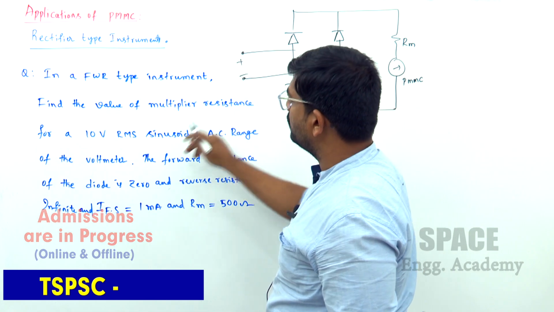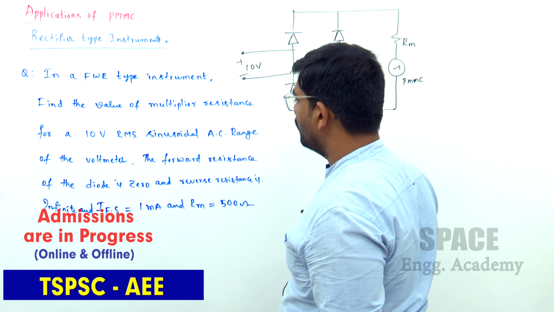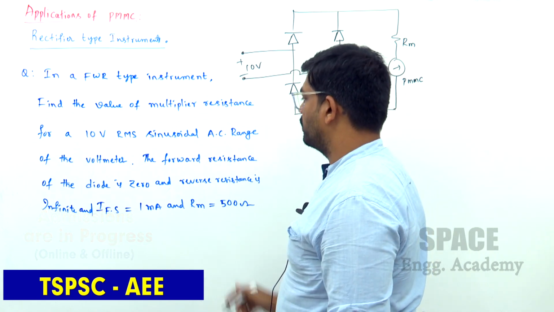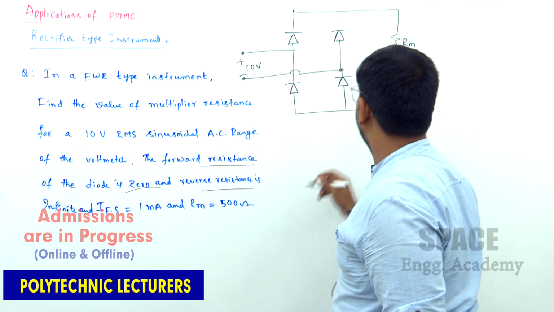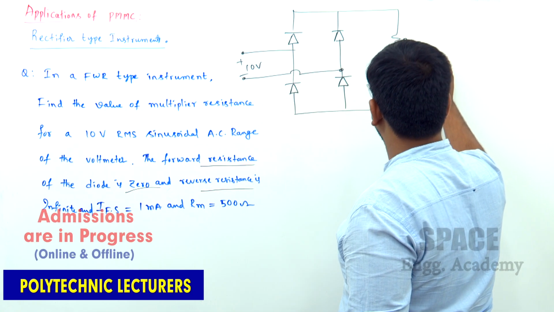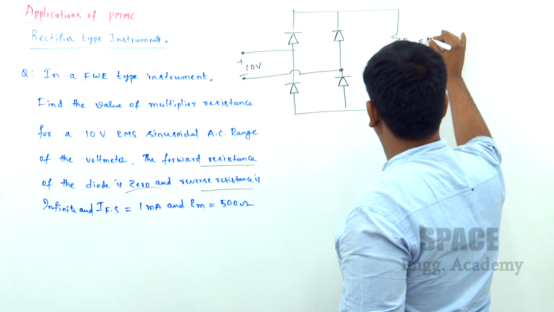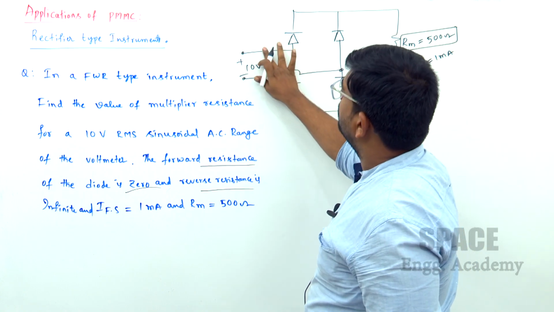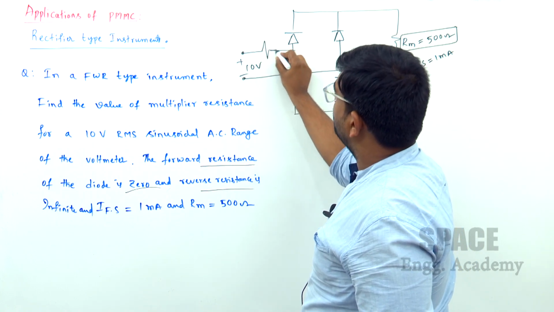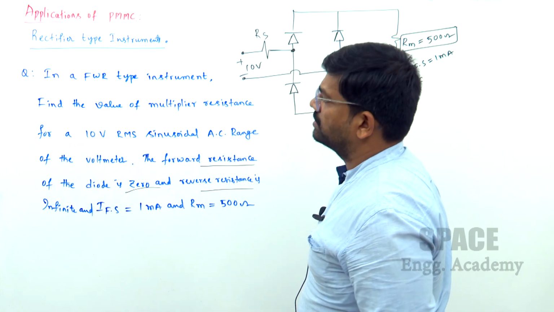How much input voltage? 10 volts RMS sinusoidal, and all diodes are ideal because forward resistance is 0 and reverse resistance is infinite. So, full scale deflection is given here as 1 milliampere and meter resistance is given as 500 ohms. Now, what is the multiplier resistance? Means connect at this position only. So, this resistance is asking.